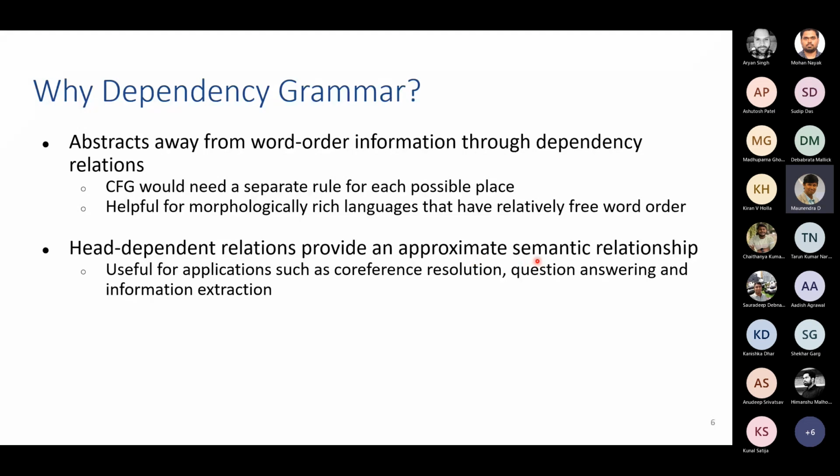The semantic relationship would be useful for co-reference resolution, question answering, and information extraction, right? If you look at the different labels in the previous examples, it's very clear that if you have the proper annotations of the labels, they could be helpful directly, sometimes indirectly, for question answering, information extraction, and so on.